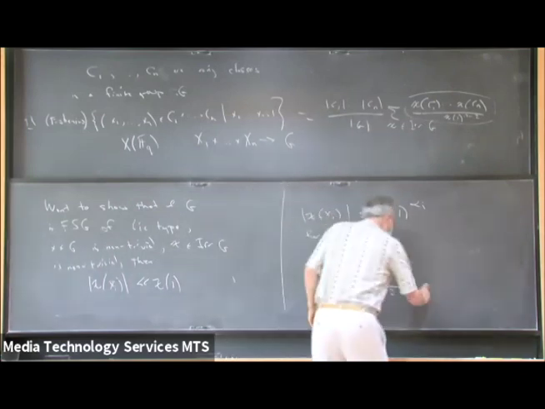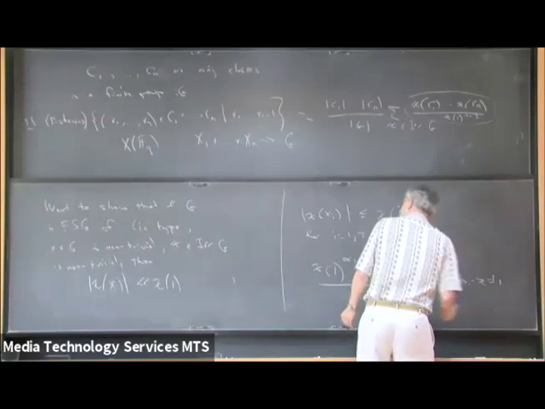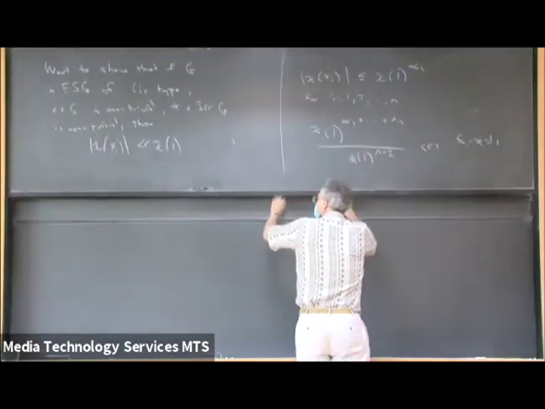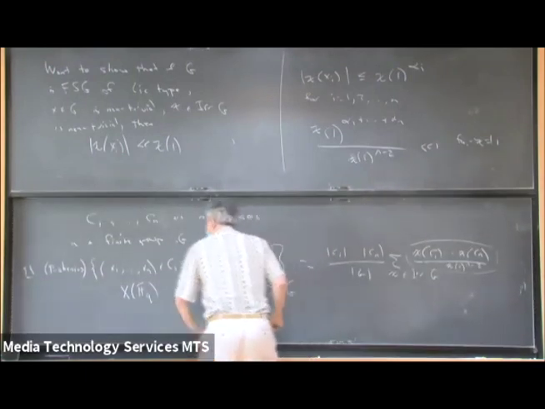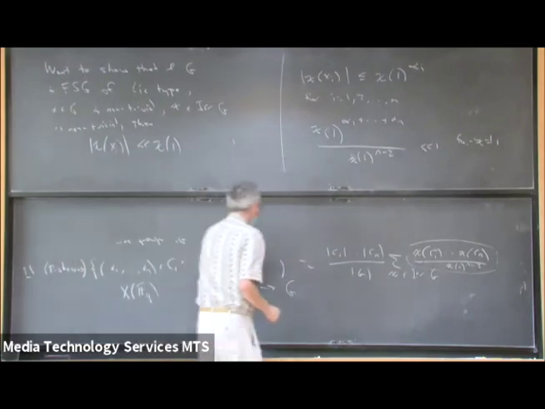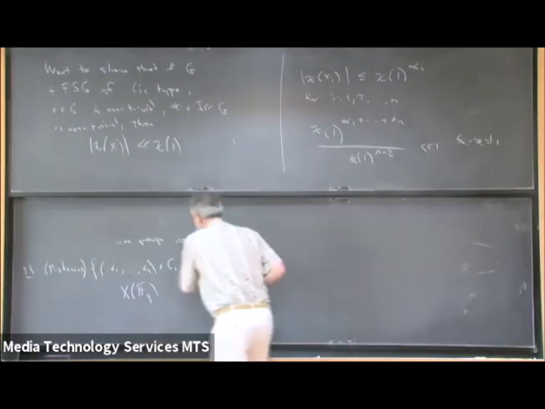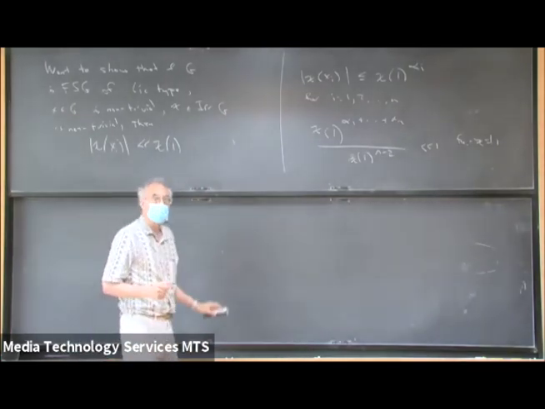And you want to show that this is very small for chi not equal to 1.